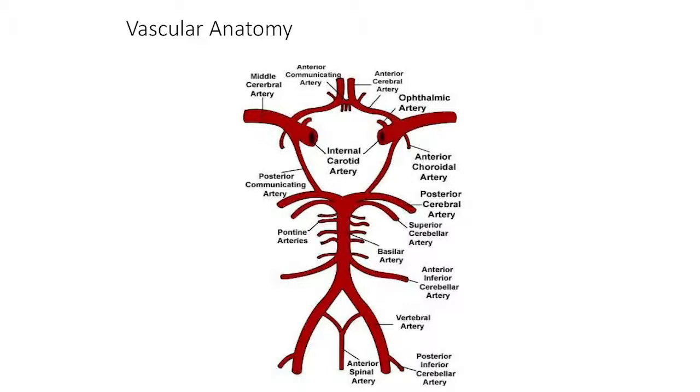And then remember the internal carotid comes also and gives the middle cerebral artery and the anterior cerebral artery. This is the anterior communicating. So this is the circle of Willis. Any lesion or occlusion of any of these arteries will produce specific symptoms, as we shall see moving forward.